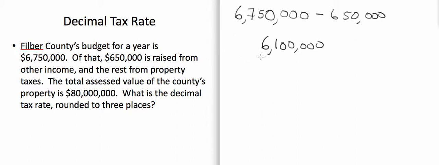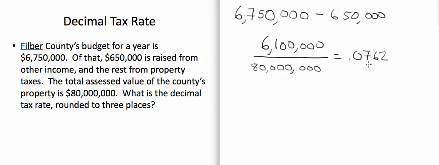Okay, so this is the amount of money that needs to be raised from property taxes, and we're going to divide that by the total assessed value of our property, which in this case they say is $80 million. And what we should get is a decimal. We round it to 3 places, and when we do that, we get an answer of 0.0762. 3 places says we would round it as 0.076.